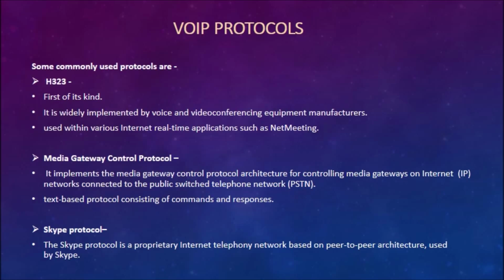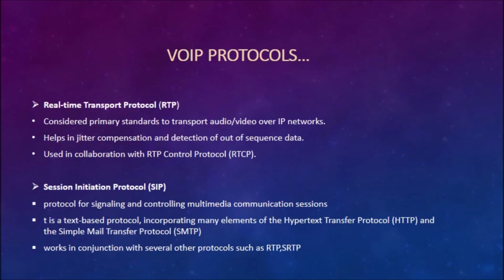The other two protocols are real-time transport protocol and session initiation protocol. The real-time transport protocol is considered the primary standard to transport audio or video over IP networks. It helps in jitter compensation and detection of out of sequence data.